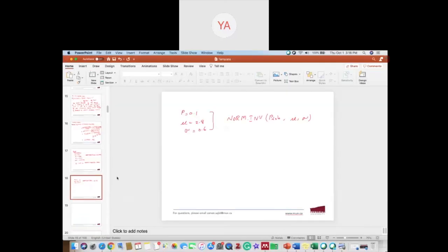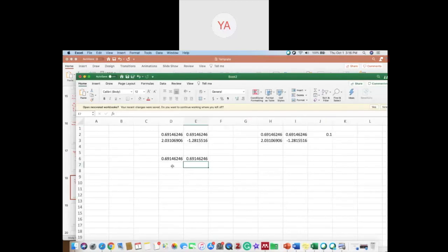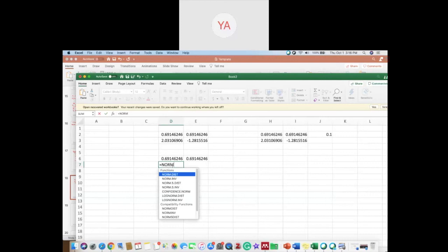Now I will take you to Excel and do it there. So NORM.INV, this is what I choose. Now it is asking me the probability value. The probability value was 0.1. The mean of the question was 2.8. Then you have the standard deviation, which is 0.6. And you close your parentheses, hit enter.